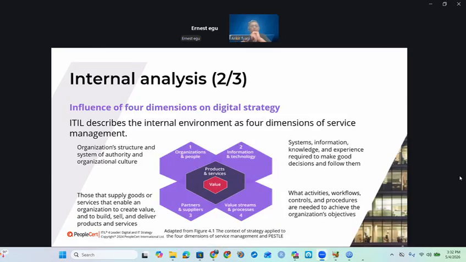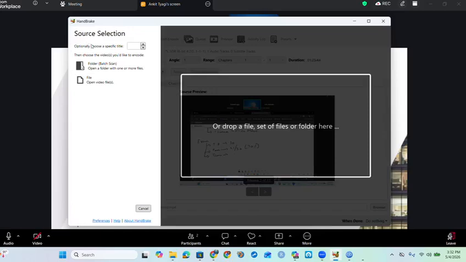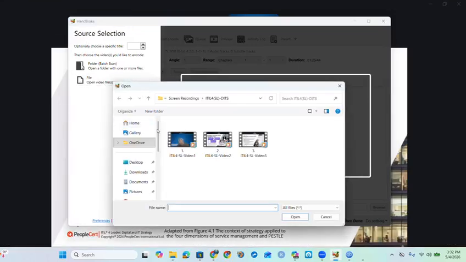Partners and suppliers are those that supply goods or services that enable an organization to create value and to build, sell, and deliver products and services. See, there is no self-sufficient organization in this world. It's very rare to see an organization be self-sufficient.